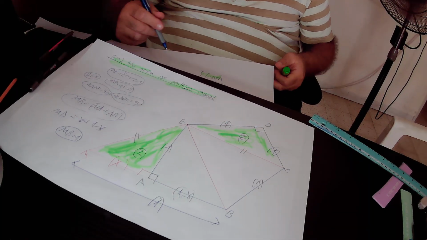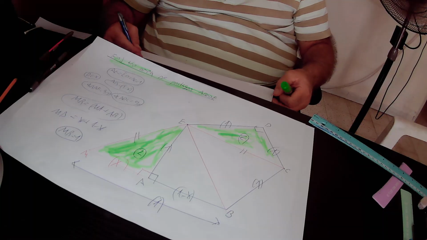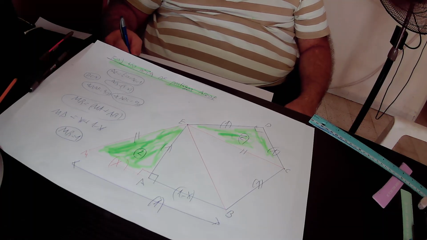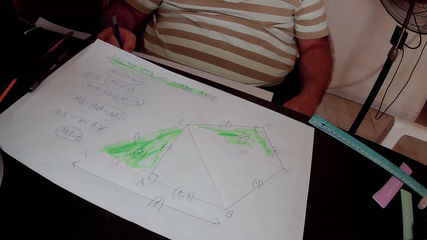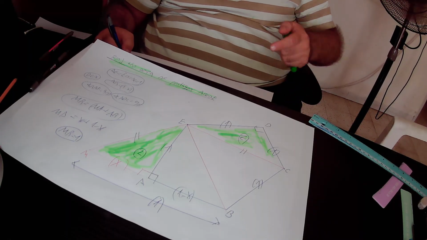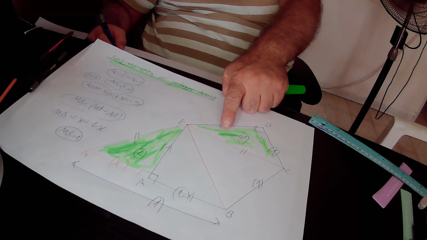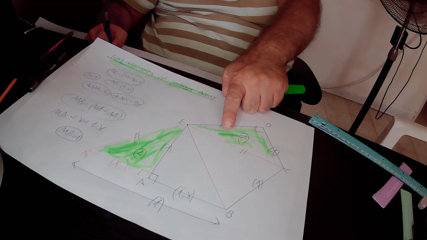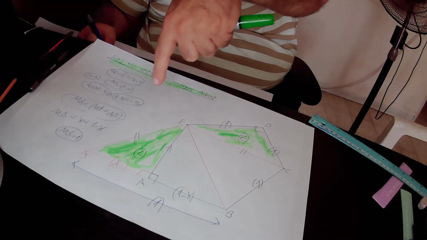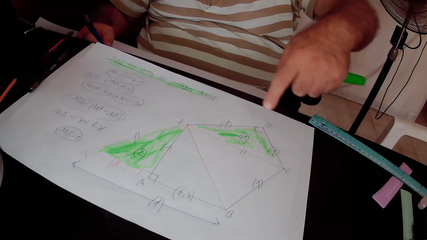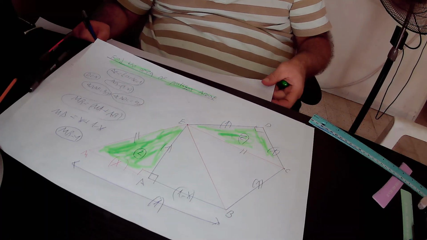The area of this green triangle EAM plus the area of this quadrilateral EABC in total will be equal to the area of the big quadrilateral EMBC, which equals 1.